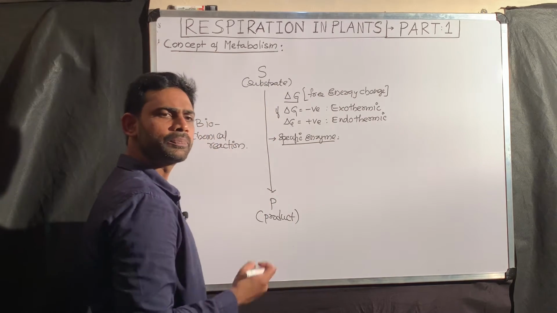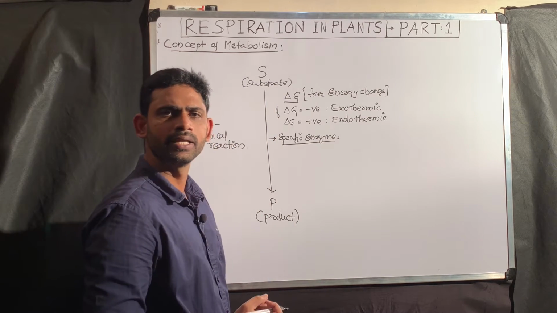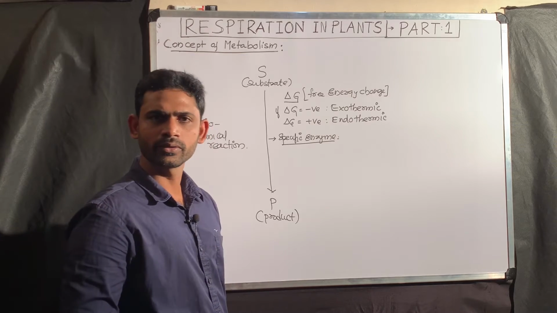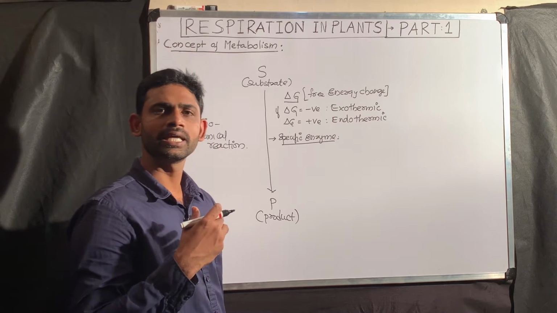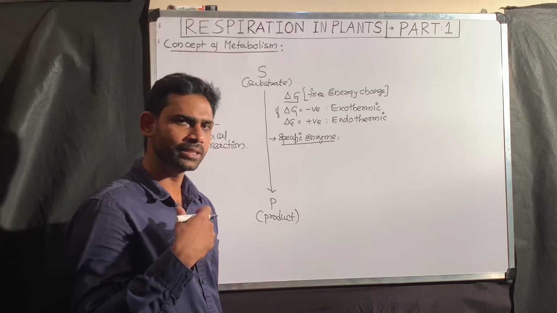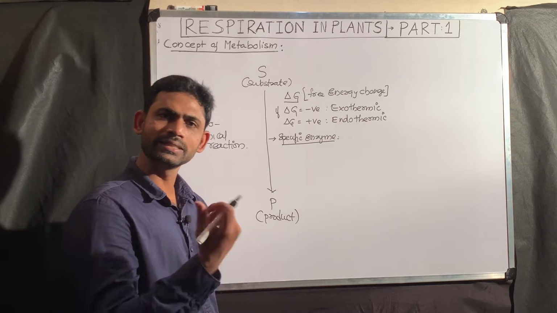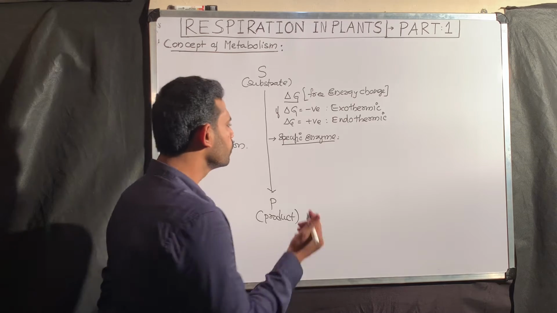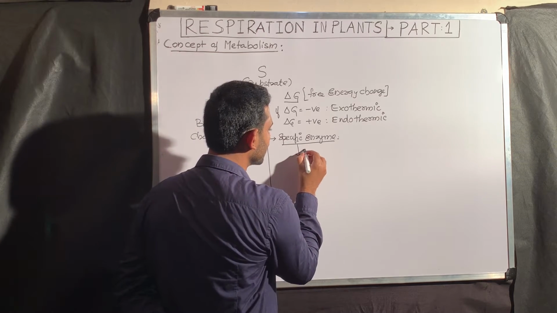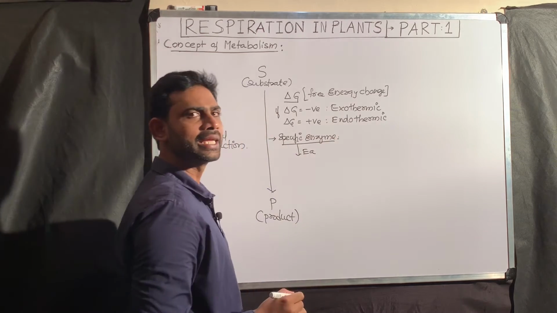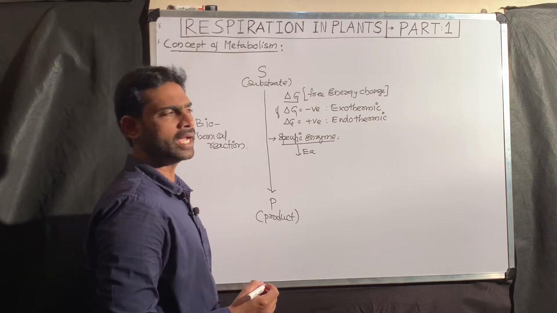Actually, what is the purpose of the involvement of enzyme? Enzymes increase the rate of reaction. Whether the enzyme is present or absent, the reaction proceeds, biochemical reactions occur. But enzymes increase the rate of reaction, how? By decreasing activation energy, that is EA.